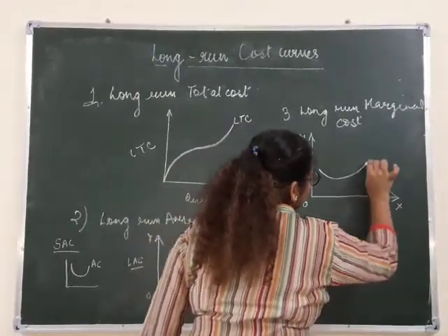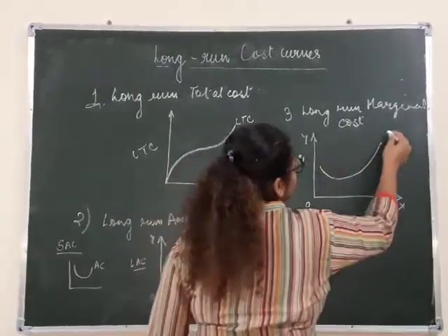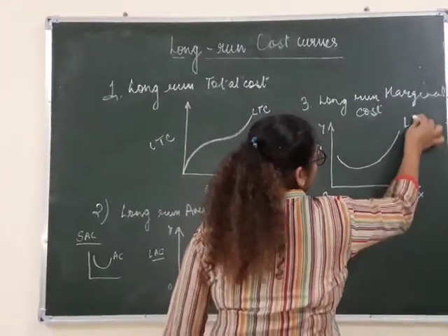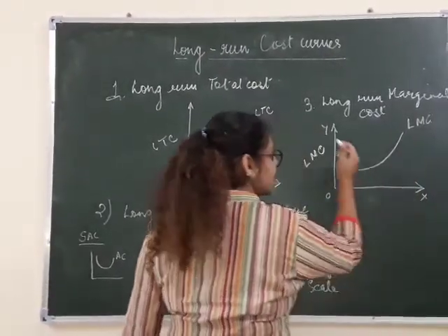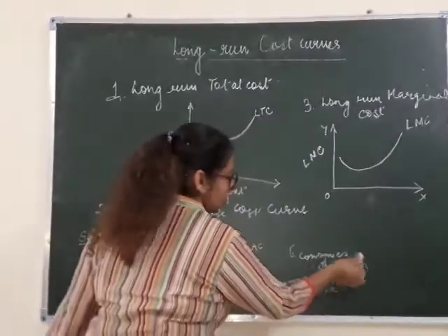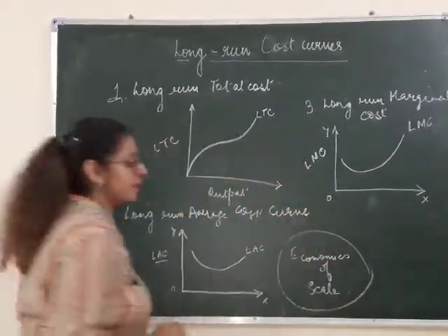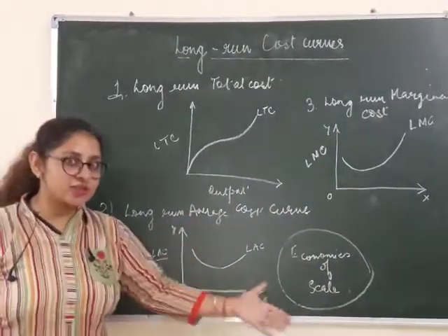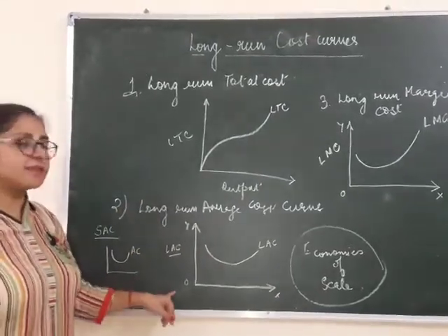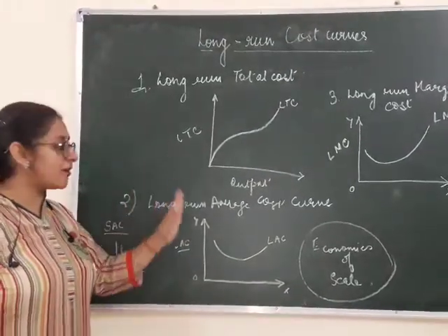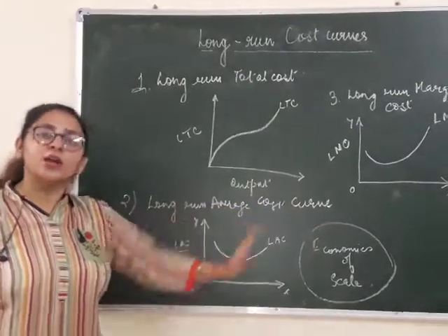It's also a J shape, which looks like an M shape. This is your long run marginal cost. The reason behind this shape is also economies of scale. I will explain it after this topic. So is everybody clear with the shapes of the total cost curve, average cost curve, and marginal cost curve in the long run?